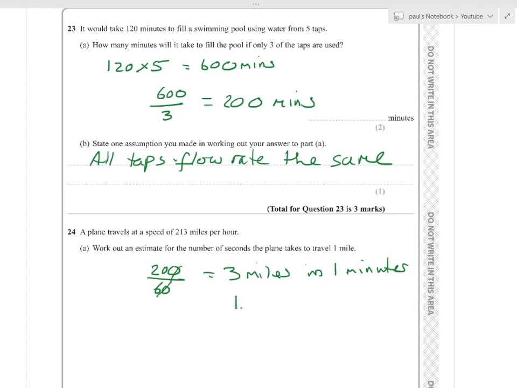So 1 mile is going to be a third of a minute. So 1 mile, 20 seconds. I didn't like that one.